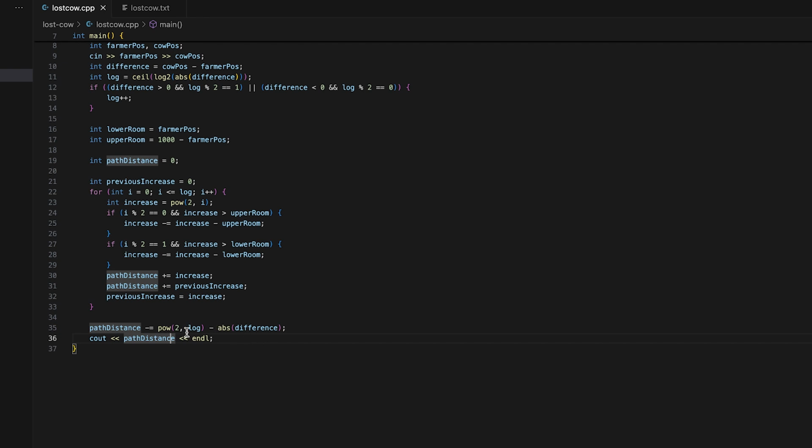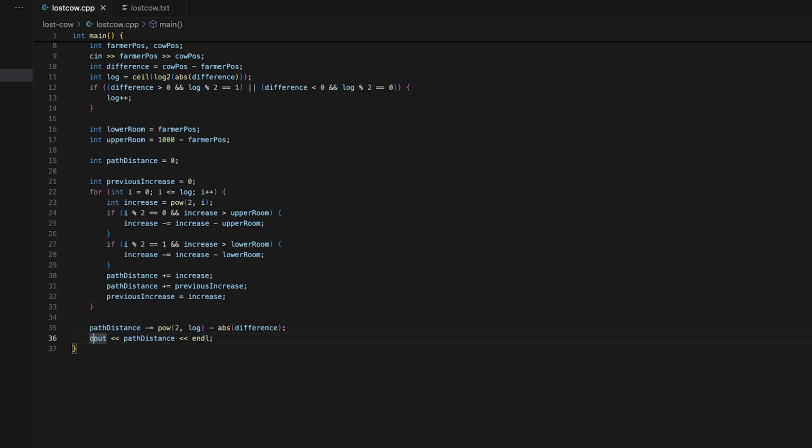So we do need to use our original log number. And then from that, we just subtract the absolute value of our difference. And that'll get us the difference between 2 to the power of our log and where the cow actually is. And then we just subtract that number, and we get the answer, and we cout that.